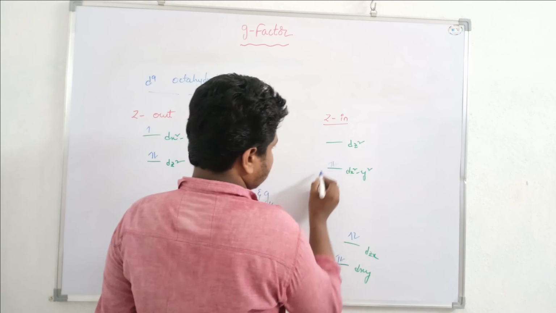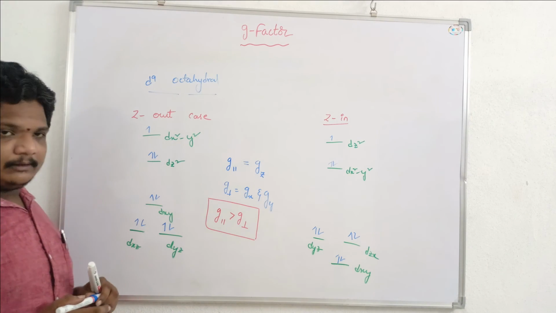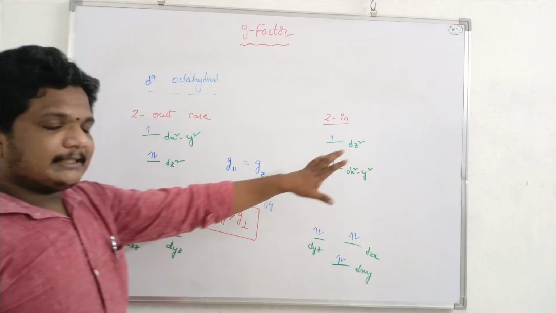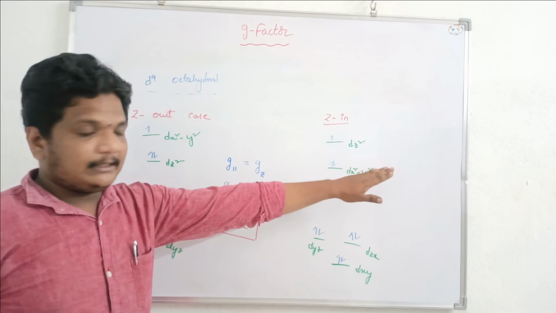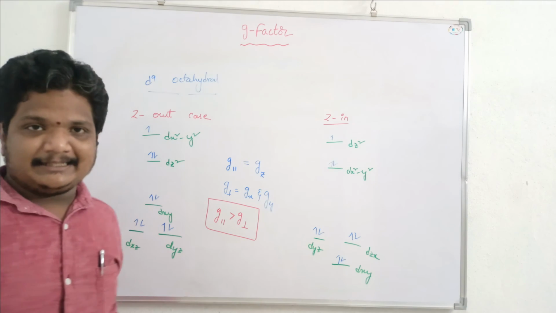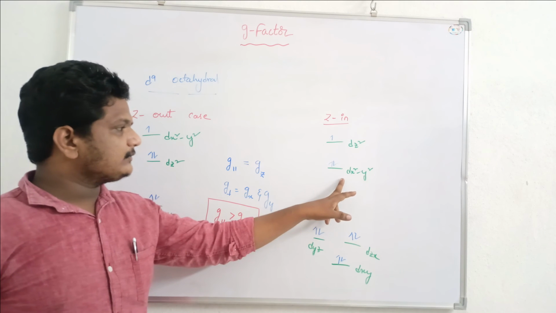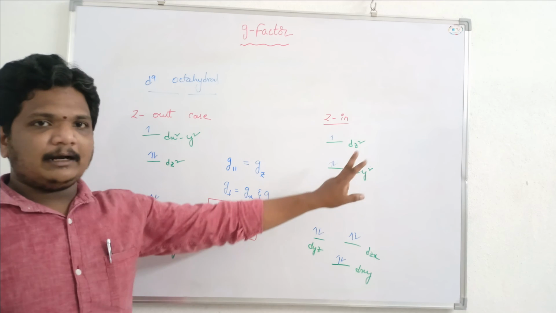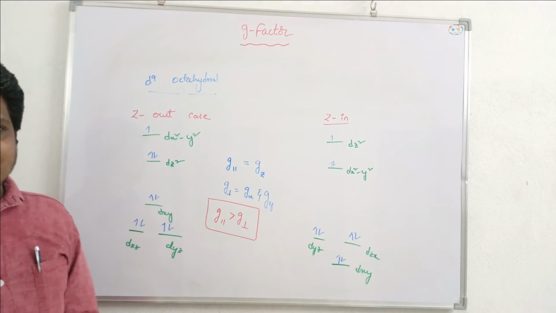In this way there is an electronic distribution in the Z in case. In this case we have more electron density along the x and y direction when compared to dz square. So dx square minus y square, it means along the x direction and along the y direction we have more electron density than the z direction.